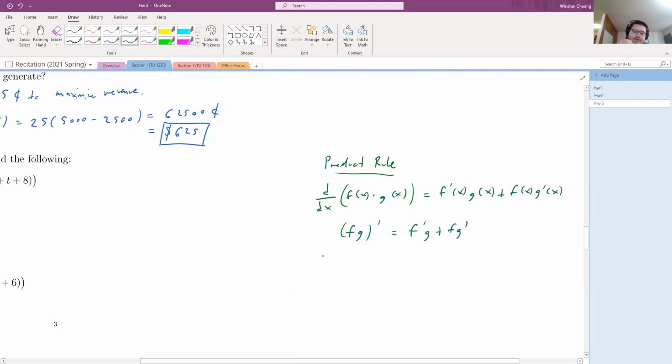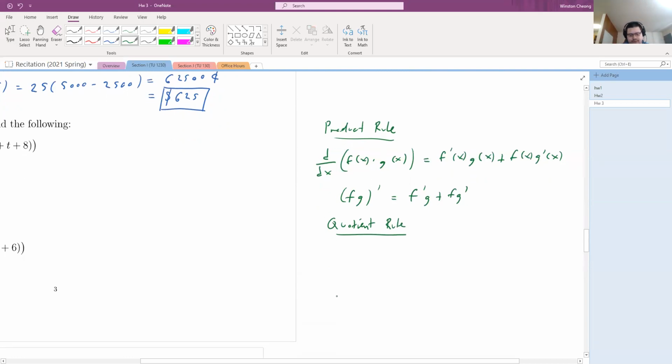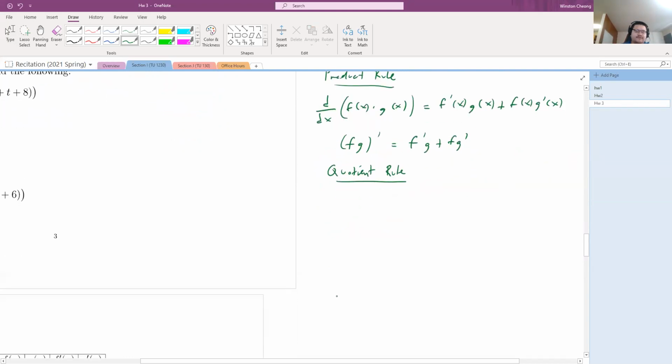The other thing you need to know is how do you take the derivative of a quotient of 2 functions. So we've got a quotient rule for that. If you went through the lecture videos or the slides, you'll have seen this. I'm just saying all this in case you haven't done so already.